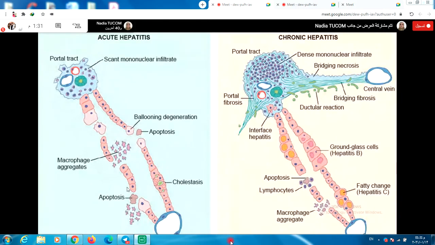This is a nice diagram to summarize the acute hepatitis microscopical changes and chronic changes.